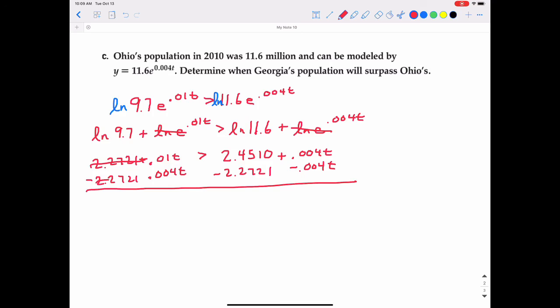So those will cancel and leave us with 0.006t is greater than, so those will cancel on that side, whatever 2.4510 minus 2.2721 is, and that is approximately 0.1789. And then divide by 0.006.